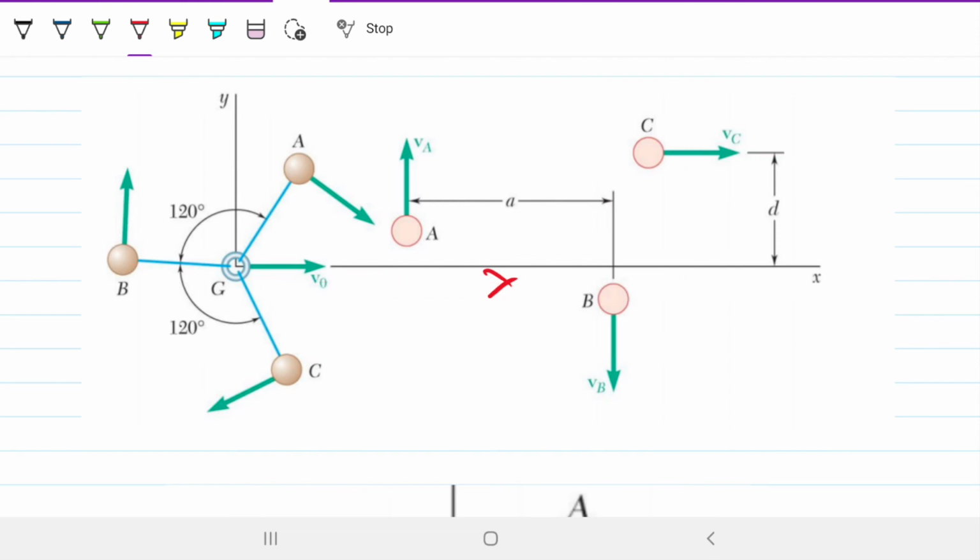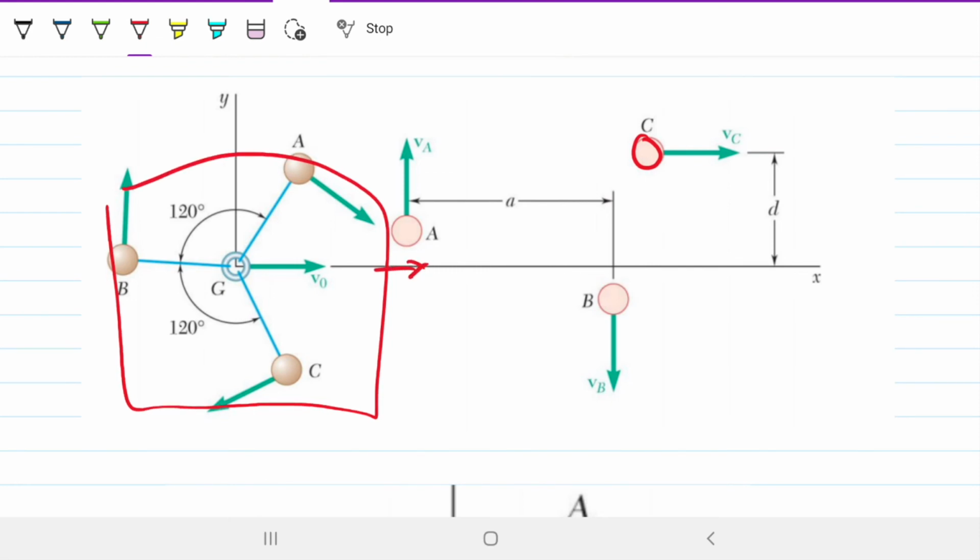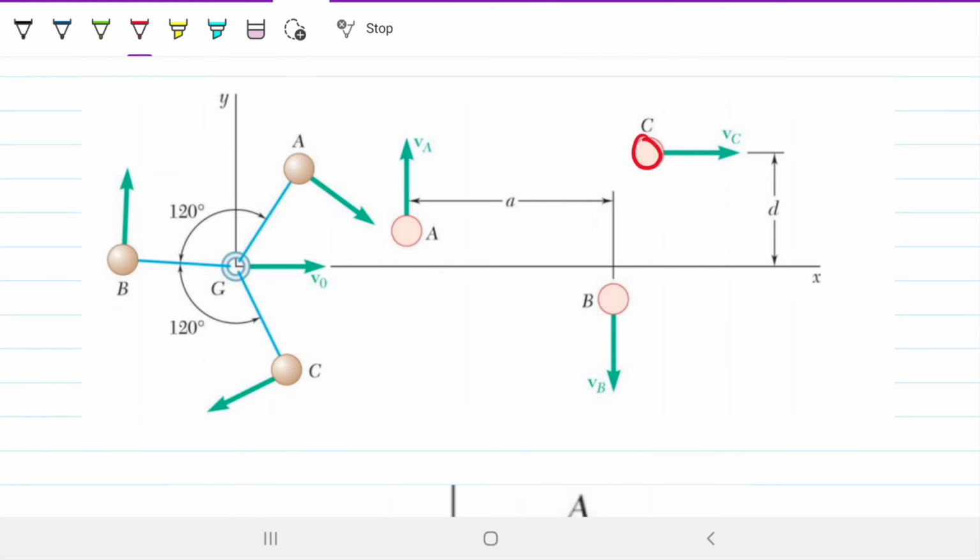None of them are going horizontally rightwards. So this guy here has obtained all the momentum of the whole system that was going rightwards before. And that's why it's 3 times faster than the original velocity. The original velocity was 0.4 meters per second going rightwards. Now because we had 3 masses going rightwards and now we only have 1, this guy is 3 times faster because the linear momentum has been conserved.